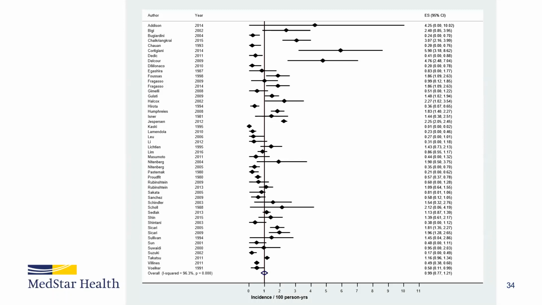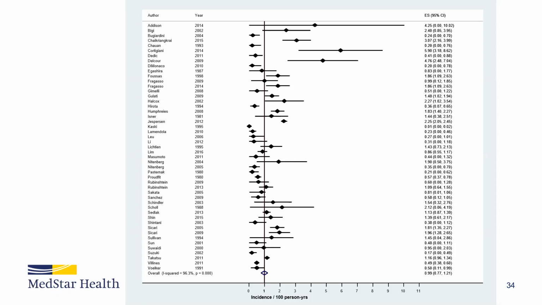The incidence rate per 100 person-years turns out to be right at 1. But you can see here that there's a large degree of heterogeneity. The I-squared is over 90%. It was reported as 91% in the study, but when I actually recalculated the data, it was a little more than that. But regardless, there's high heterogeneity in their study here.